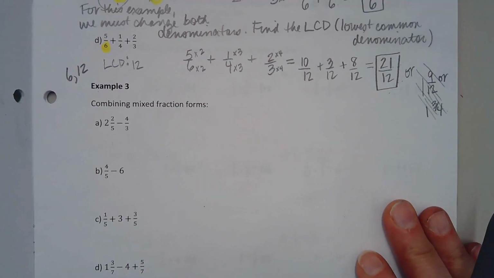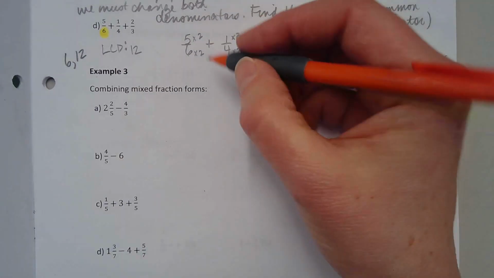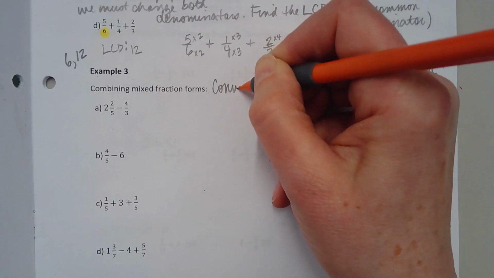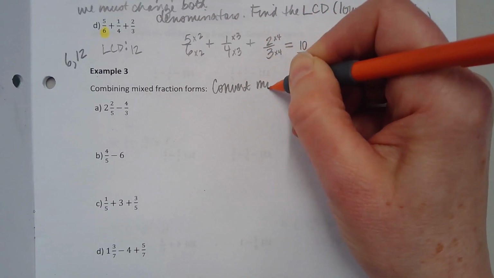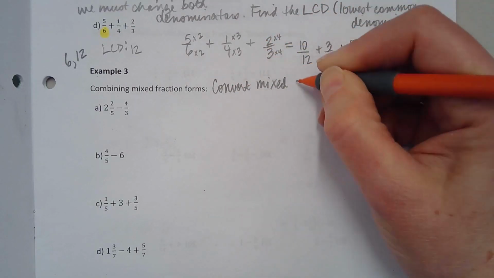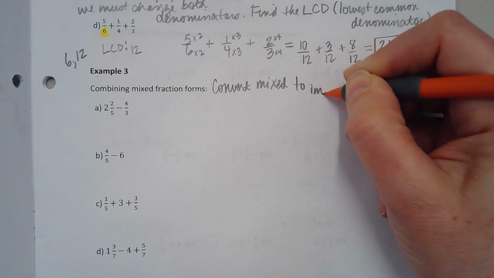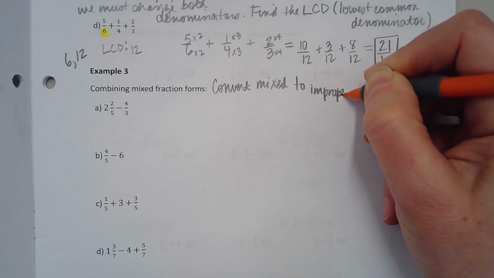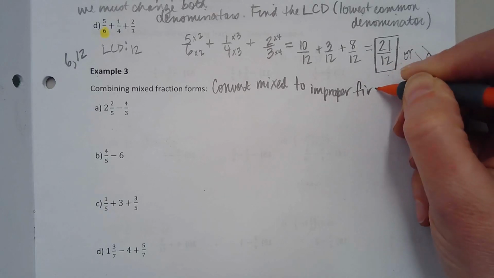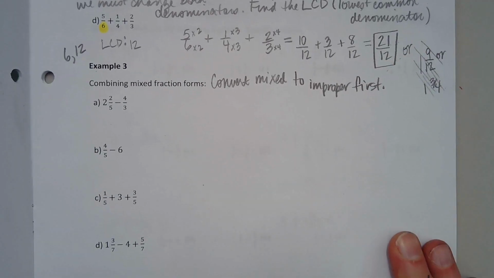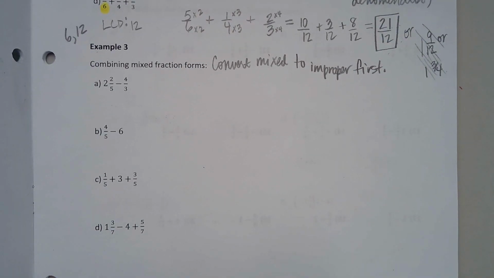So anytime you have mixed, convert mixed to improper. And that will be the same when we're multiplying and dividing as well. We can't multiply and divide fractions in mixed form either.